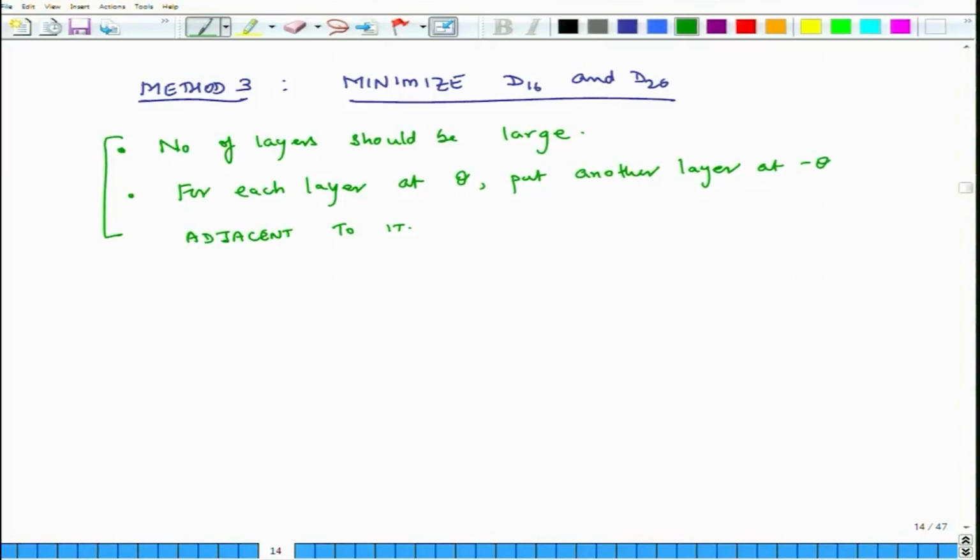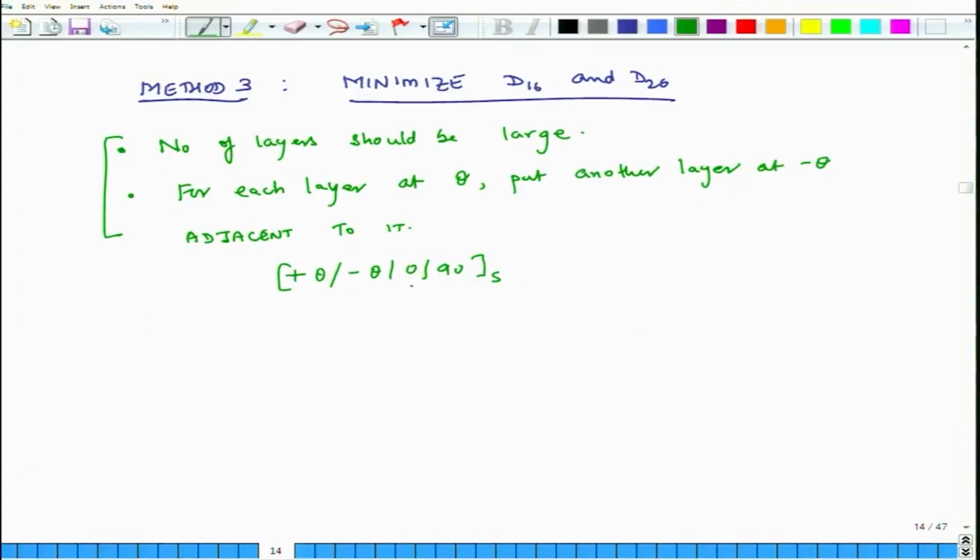and D26 significantly. So, what does this second condition mean? Suppose there is a theta layer, then there should be another layer negative theta next to it. And suppose this is 0, 90 and symmetric.